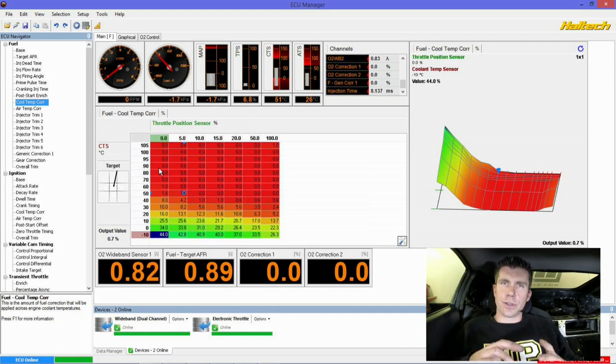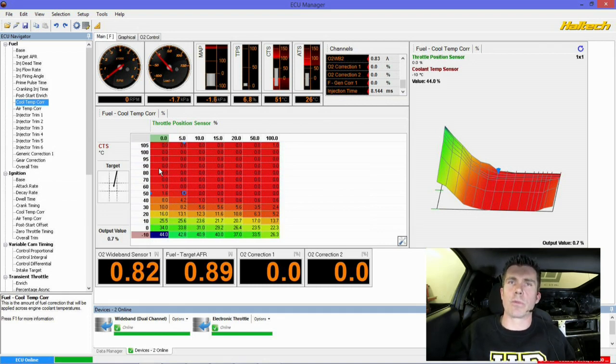Now I just want to explain first of all, before we can look at setting up particularly the post-start and coolant temperature correction maps, it's important that our main fuel table is tuned correctly first. So we actually have to do the coolant warm-up enrichment mapping after the engine's tuned, and the reason for that is we need to have accurate numbers in our VE table.